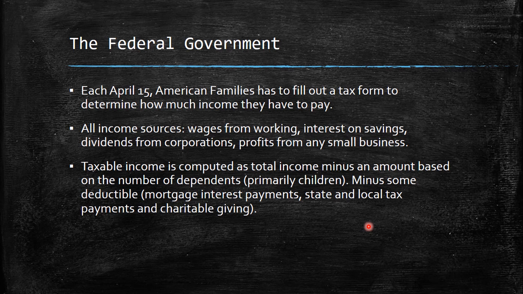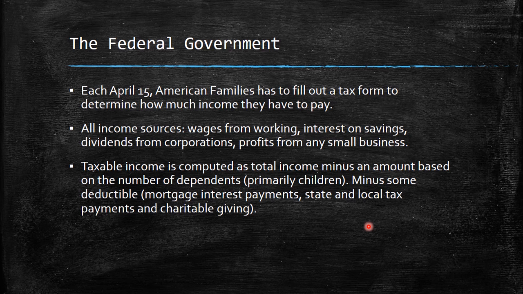So the taxable income is computed from the total income that the family receives, but the amount is reduced depending on the number of dependents, primarily children, minus some deductions. For example, mortgage interest payments, state and local tax payments, and charitable giving.